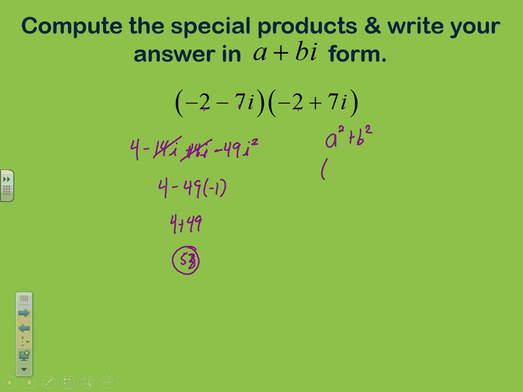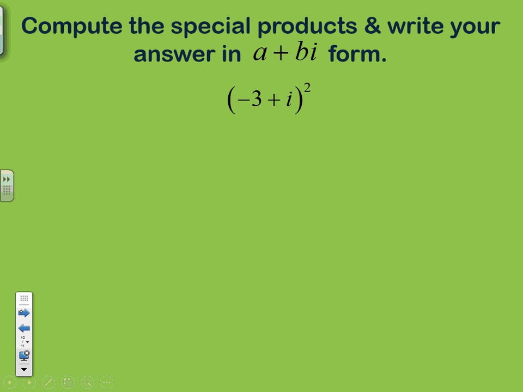So here I'm going to put the negative 2 and I'm going to square it. Here, let's just say negative 7, just why not? It doesn't matter because whenever I square a negative number, I wind up with a positive number anyway. So I get 4 plus 49, which still gives me my 53 for my single real answer, or my simplified answer, I should say.